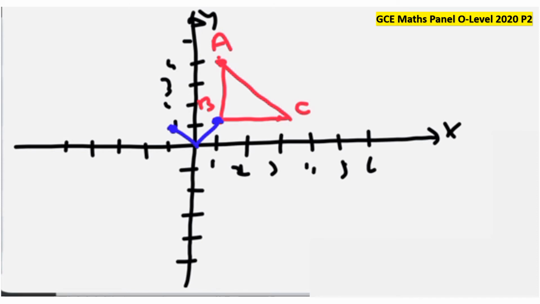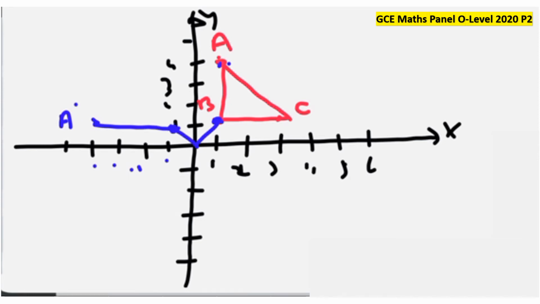When you rotate the point A by 90 degrees, A will fall about the origin. It will still maintain this 4, but it will now be here. So this is now my A'.